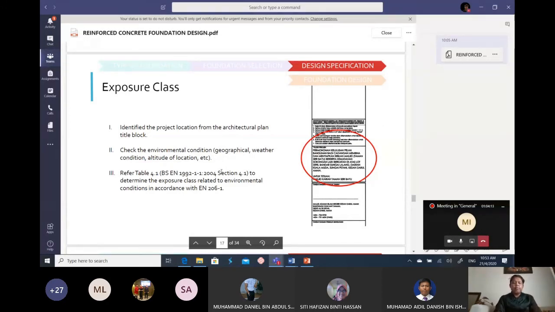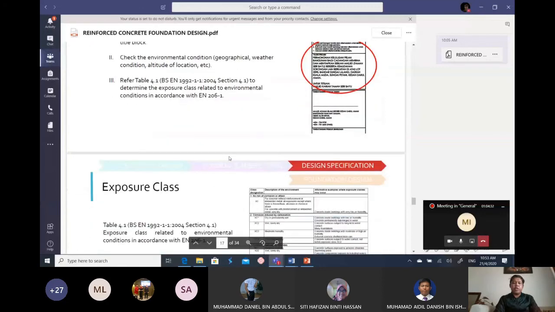So you have to check the environmental condition, like the water table, geographical conditions, and so on. The exposure class chosen is the same as what we learned in the previous lecture. So that is the nominal cover.